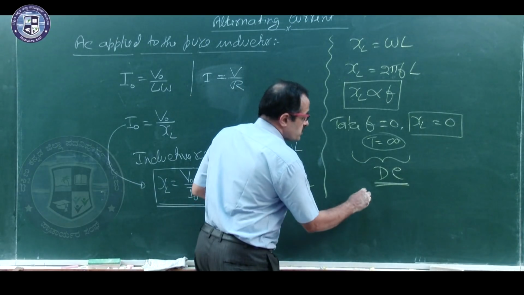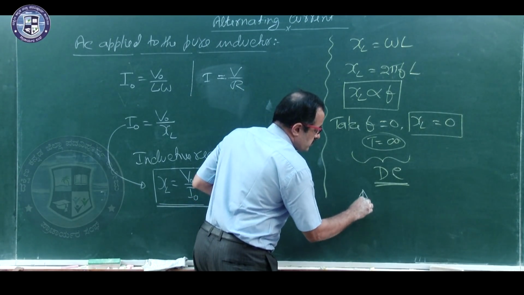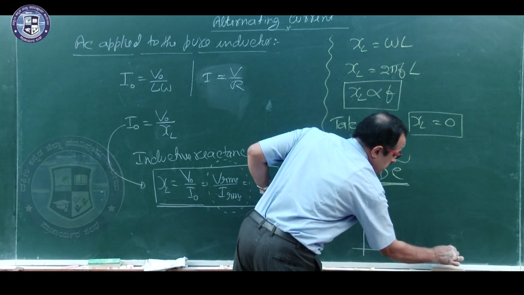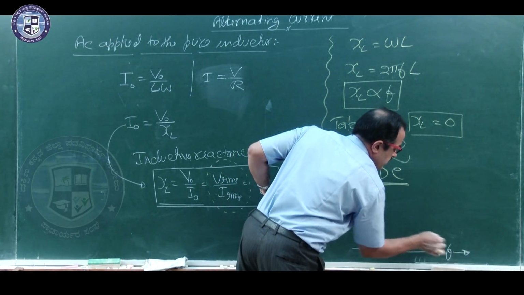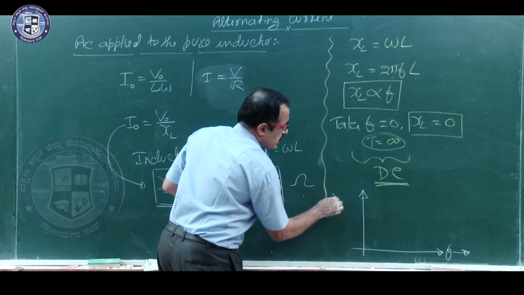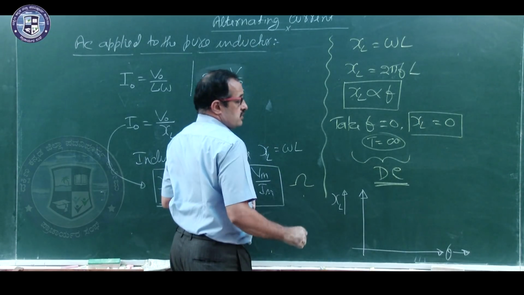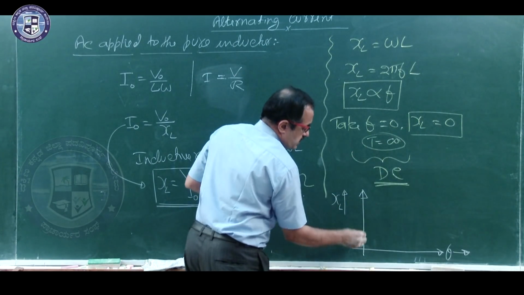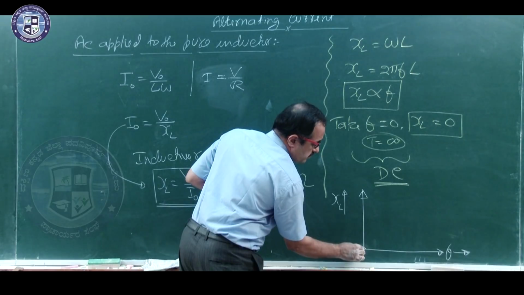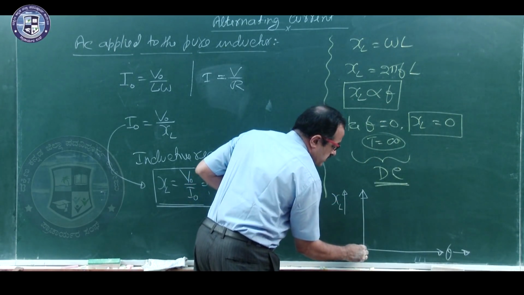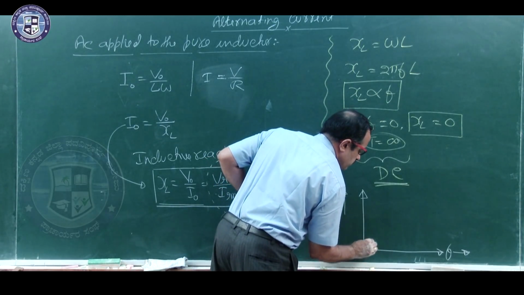Therefore, plot the graph. Here, we take frequency of AC, and here along the y axis we take inductive reactance. When frequency is 0, inductive reactance is 0, that is the origin. And as frequency increases, inductive reactance linearly increases.